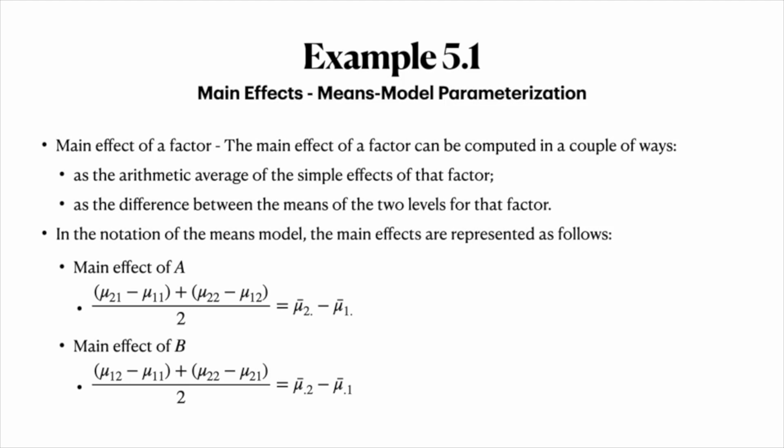For the main effect of A, on the left-hand side, we have the arithmetic average of the simple effects of factor A. So mu21 minus mu11 is the simple effect of A at the first level of B. Mu22 minus mu12 is the simple effect of A at the second level of B. And so we're averaging those, and that gives us the main effect of A. Now, algebraically equivalent to that is the expression on the right-hand side, which is the difference between the means of the two levels for factor A. So mu bar 2 dot minus mu bar 1 dot.